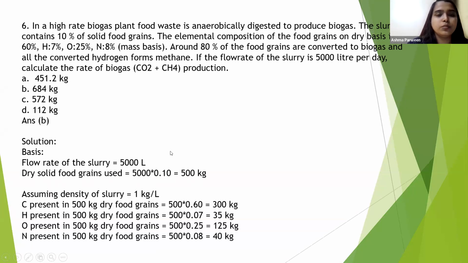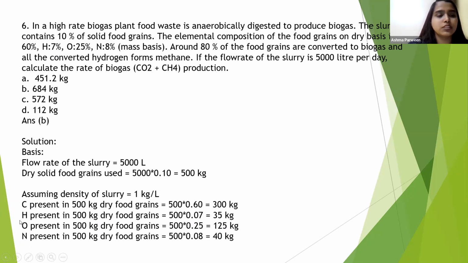So we'll assume the density of slurry to be 1 kg per liter. And we have been given the percentage of the different elements, and we will find out, of this 500 kg, what is the amount of carbon. The carbon percentage is 60%, so out of 500, 300 kg will be the carbon.